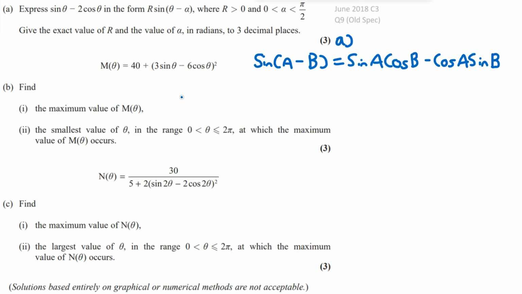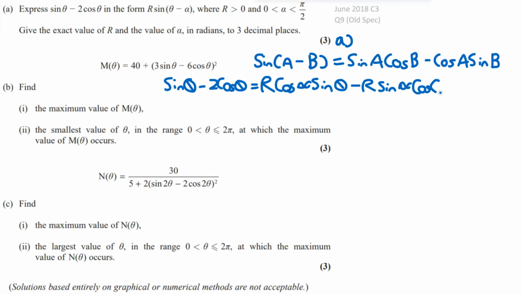So therefore, we can write sin theta minus 2 cos theta, and then we can use this here. It's going to be r, and I'm going to write the cos B first: r cos alpha sin theta minus r sin alpha cos theta, like this.